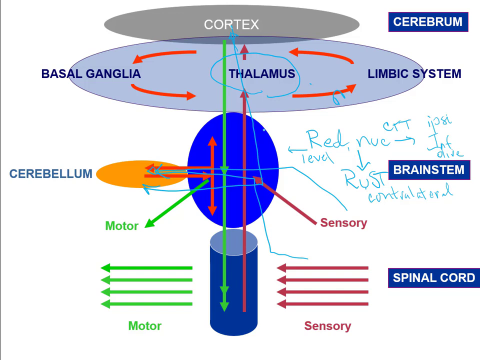Tectal is which colliculus for vision? Superior colliculus. Superior colliculus is a coordinate generator. It projects directly into the two gaze centers. Okay? So we've got that cerebellar output coming out to modulate those functions. Those are the descending. And to modulate the things that are volitional, it's going to have ascending components.